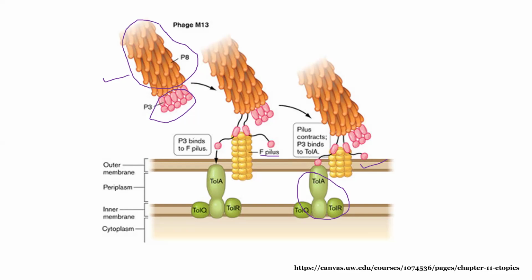We have seen the involvement of more than one receptor, a main receptor and a co-receptor, in the case of animal viruses such as HIV, where the GP120 protein of HIV interacts with CD4 as the main receptor and then CXCR4 or CCR5 as co-receptors, depending on whether it's a CD4 positive T lymphocyte or a macrophage. So here it's a bacteriophage that is using a co-receptor for the attachment. The main receptor is the pilus and the co-receptor is TolA.